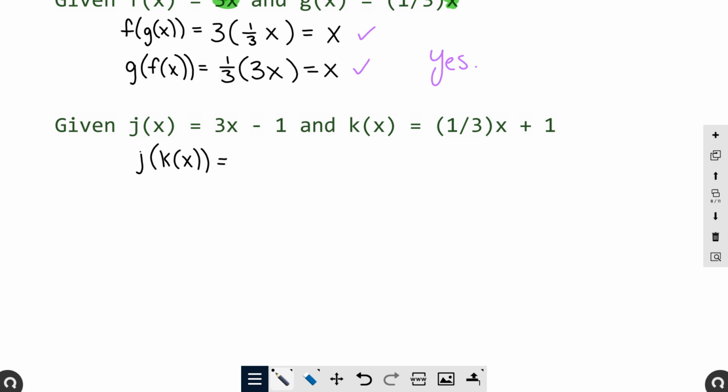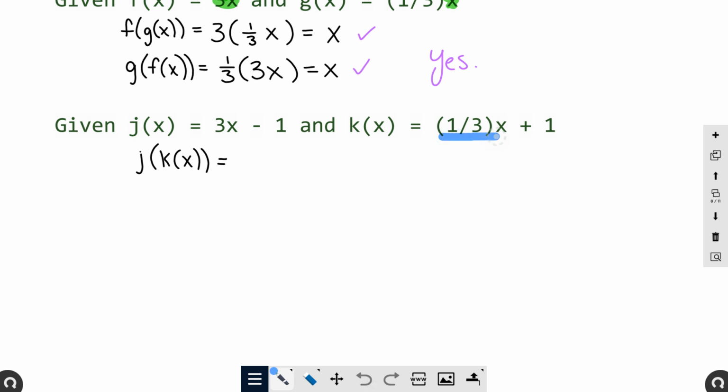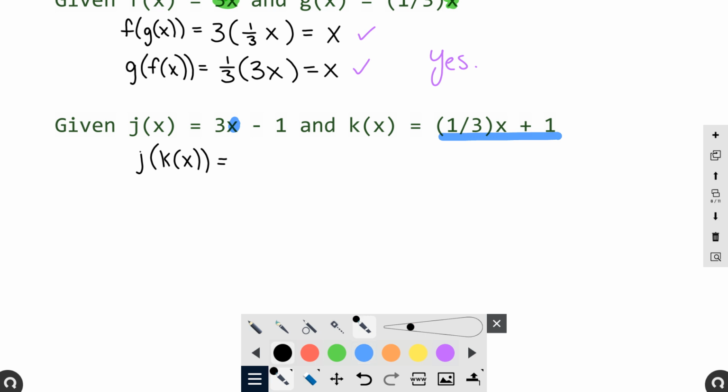So start on the inside. What's on the inside? K. So I'm going to take the whole function k and plug it into function j. So I'm going to take all of this and put it where that x is.